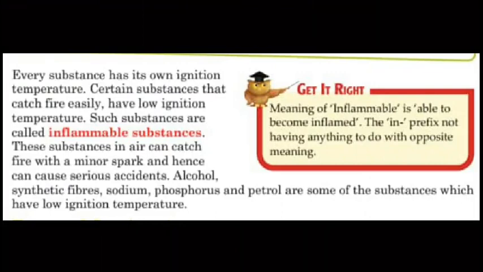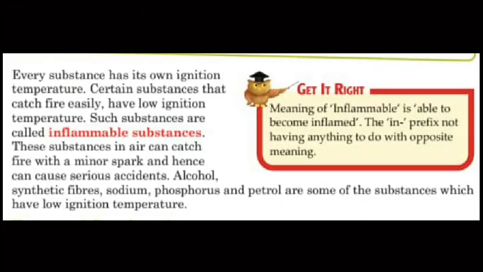Those substances which have a very low ignition temperature and catch fire easily are inflammable substances, like petrol and alcohol. In your day-to-day life you will find many vehicles running on the highway, mainly tankers, on which it is written that they carry inflammable substances.